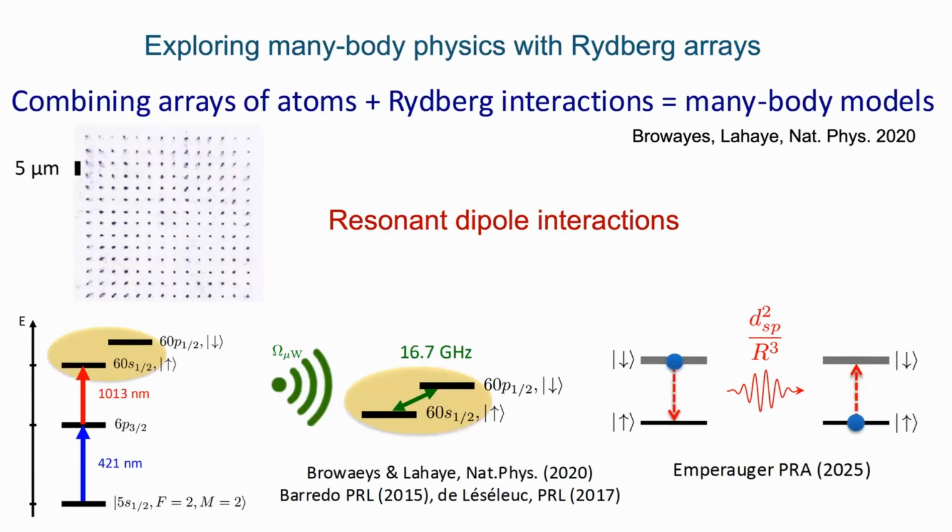So they use Rydberg excitations. Probably everybody has heard about it. These are basically electrons excited to very high quantum numbers, so we can think they have very large dipolar moments.